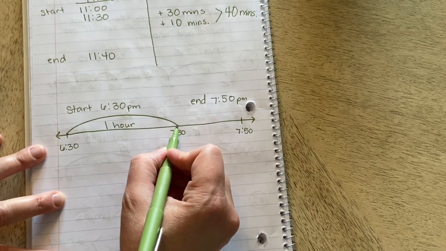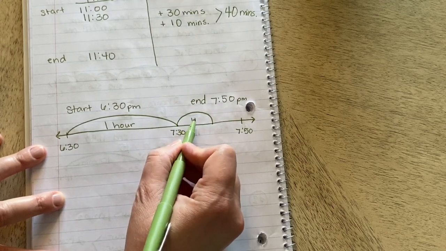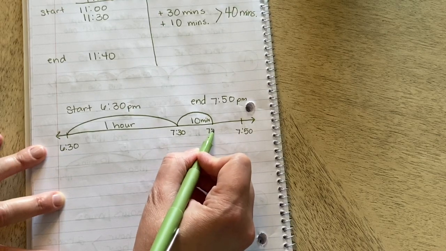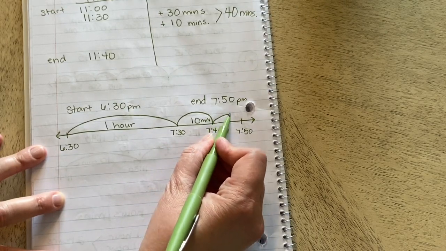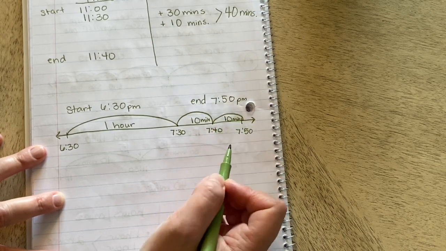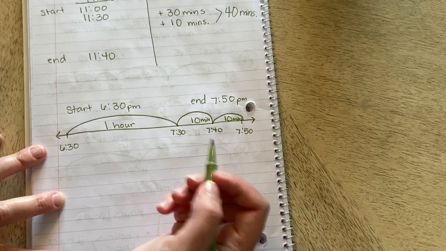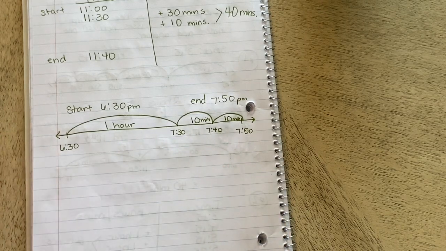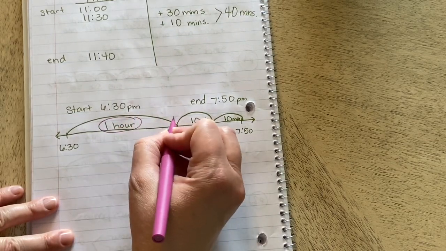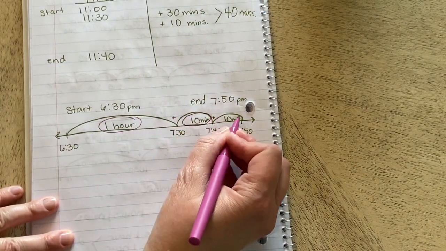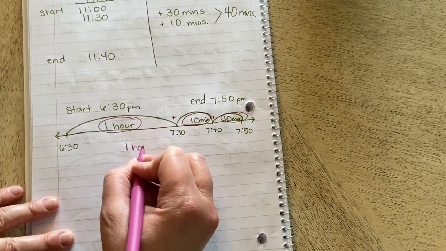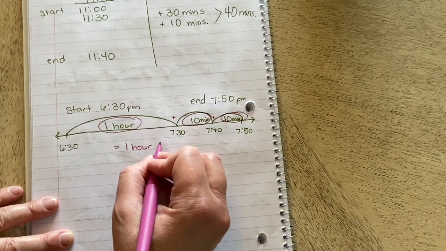And then 7:30 plus 10 minutes is 7:40. 7:40 plus 10 minutes is 7:50. So then we add up 1 hour plus 10 minutes plus 10 minutes, and we have 1 hour, 20 minutes.